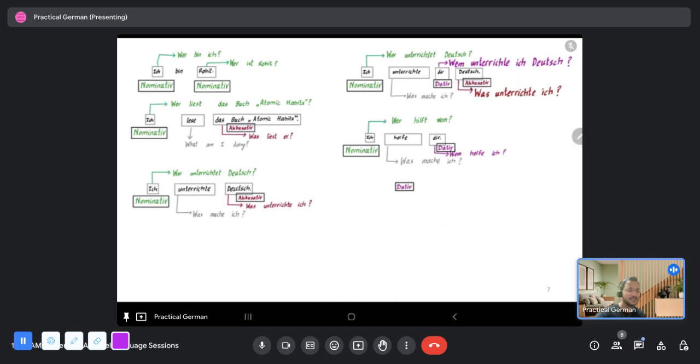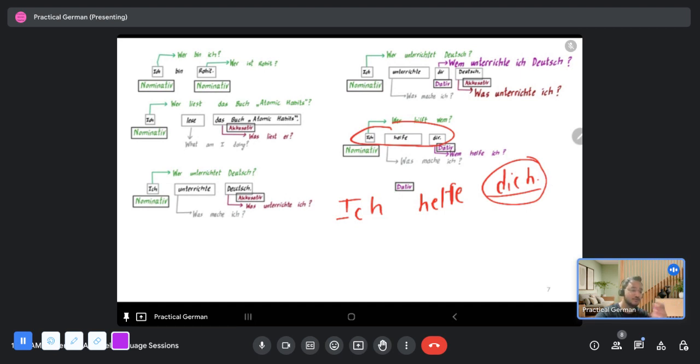In real life, when you're trying to speak, if you say ich helfe dich instead of ich helfe dir, this happens to be accusative, people are not going to say, no, no, you are speaking wrong. They will know what you mean. It's fine. In an exam, of course, the teacher will cut your marks. But the verb helfen is such a common verb. You should not make a mistake here. You should know that when I'm using helfen, it will be dative.